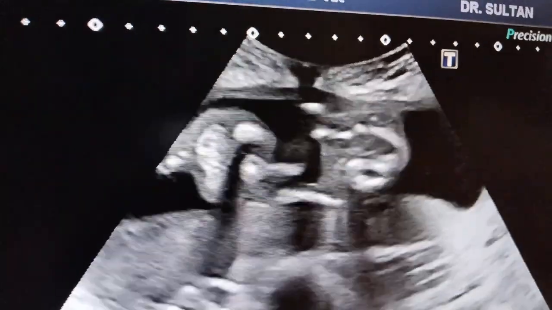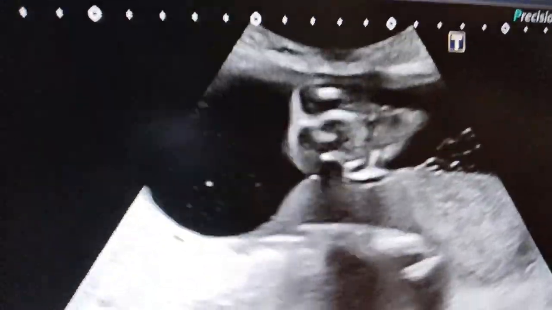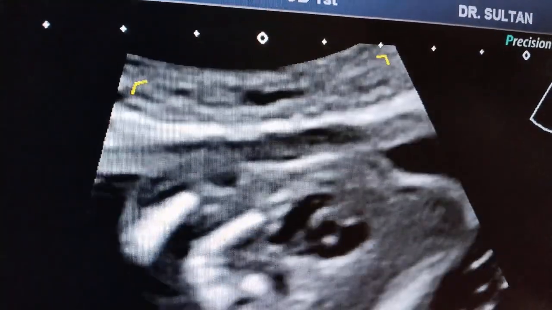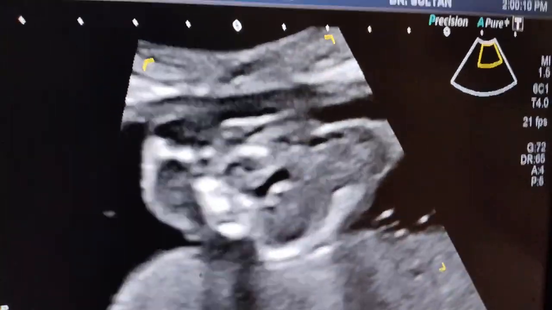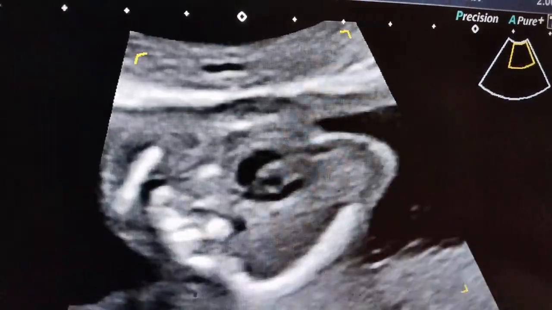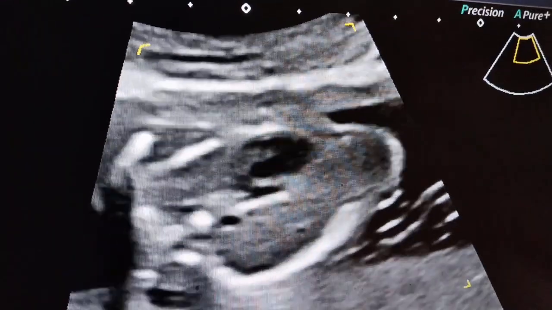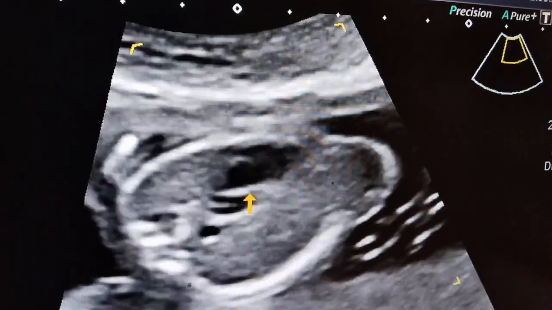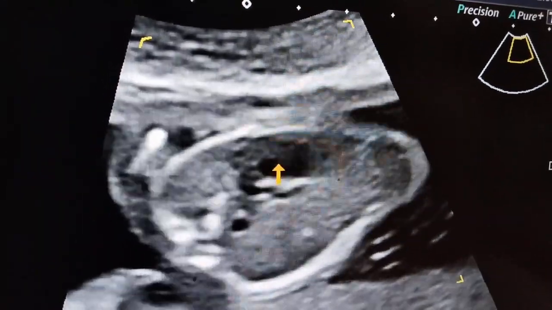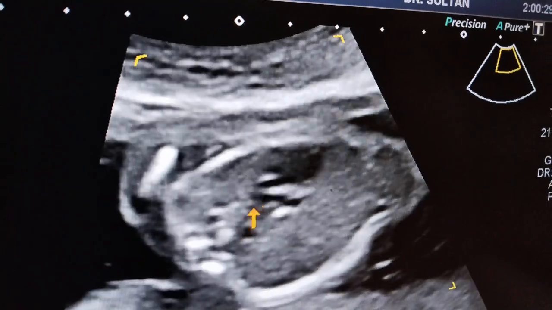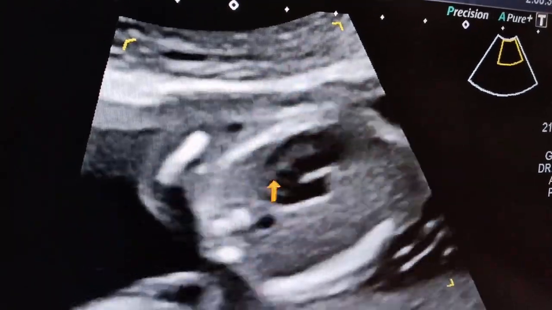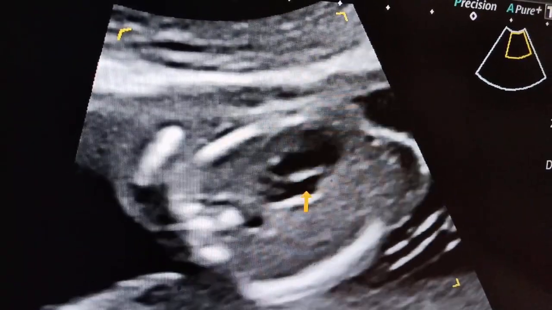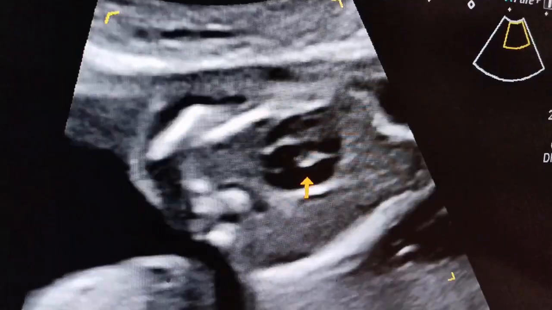So I'm scanning the abdomen of the fetus. Here we can appreciate this is the thorax and this is the fetal heart, which is significantly displaced toward the extreme left side, and the cardiac axis is also changed.